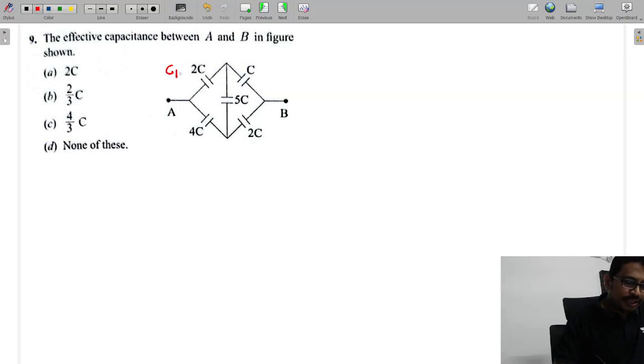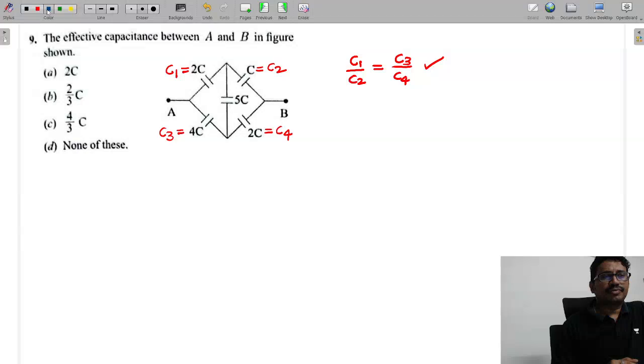Here this is C1, this is C2, this is C3, this is C4. Now you can check: is C1 by C2 equal to C3 by C4? Yes, it is satisfied. So from this I can say the bridge is balanced.